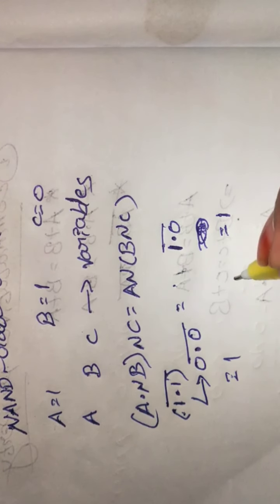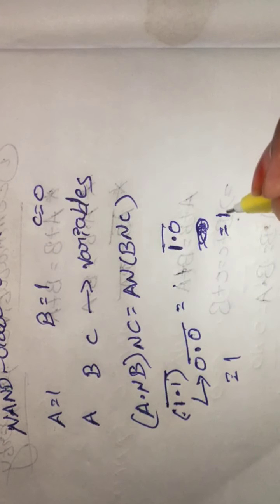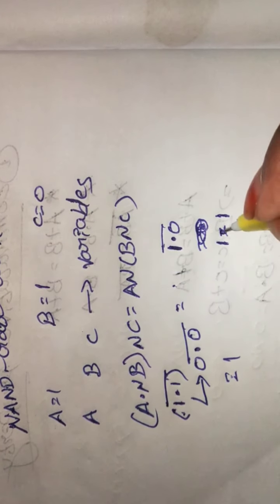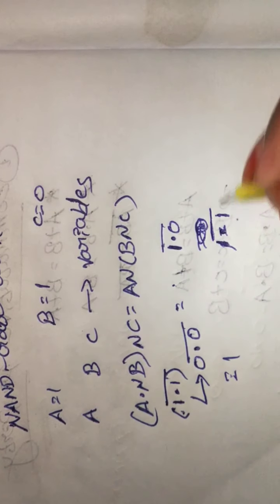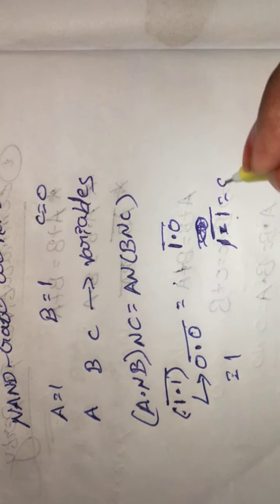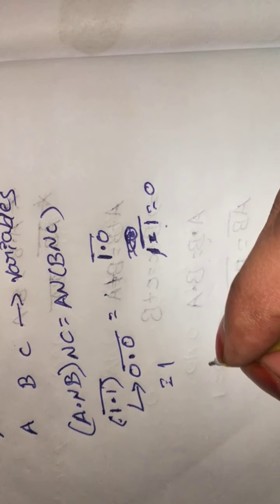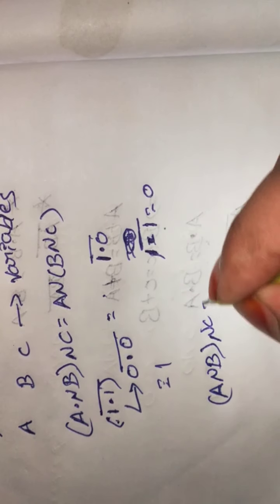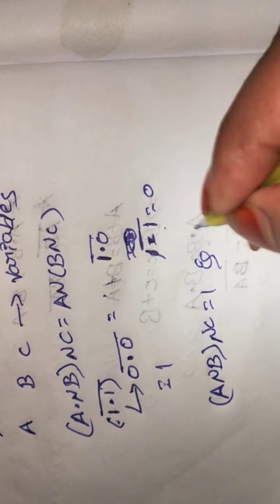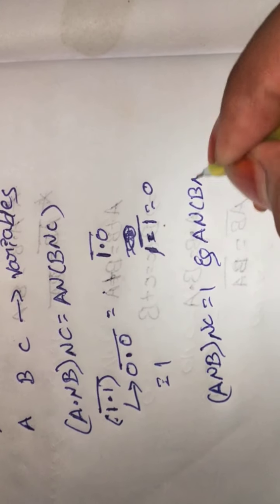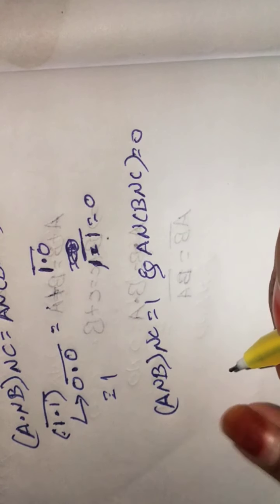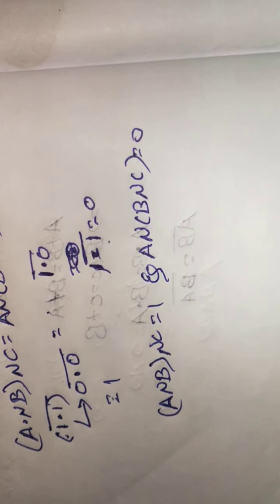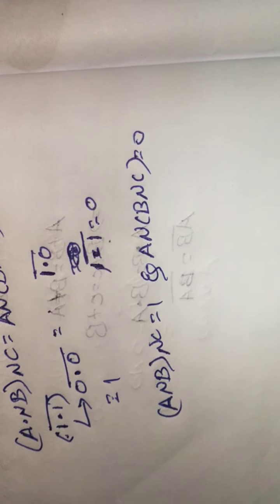And also A equal to 1, then 1 into 1 whole bar equal to 0. Finally we get A NAND B NAND C equal to 1 and A NAND B NAND C equal to 0. So the NAND gate does not satisfy the associative property. Similarly, the NOR gate also.